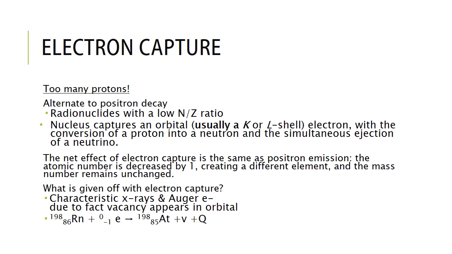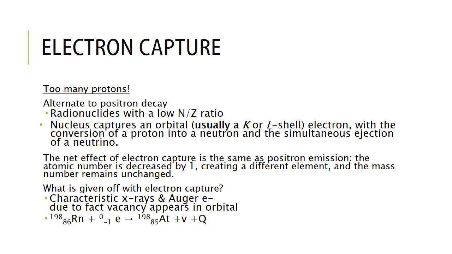So what about all of the nuclides with a low neutron to proton ratio that don't possess that 1.02 MeV energy in the nucleus? They still have to undergo some sort of decay in order to reach that line of stability, right? So they're going to undergo electron capture.